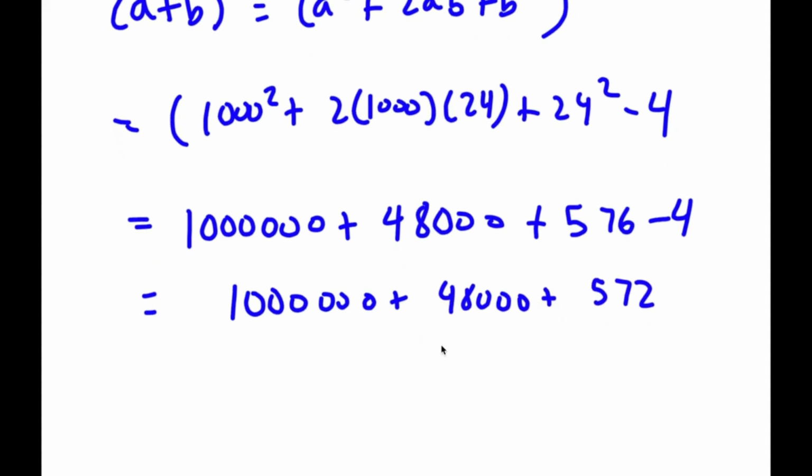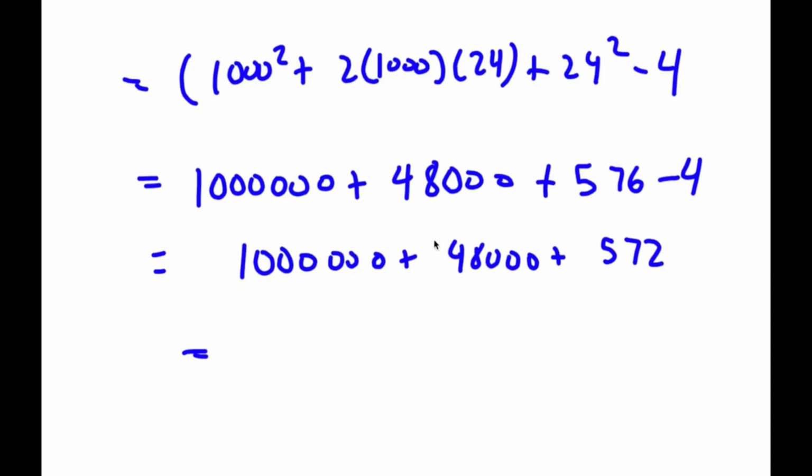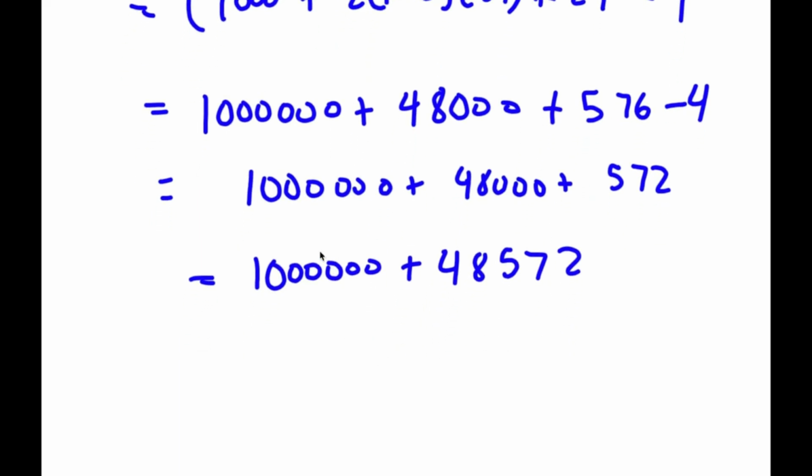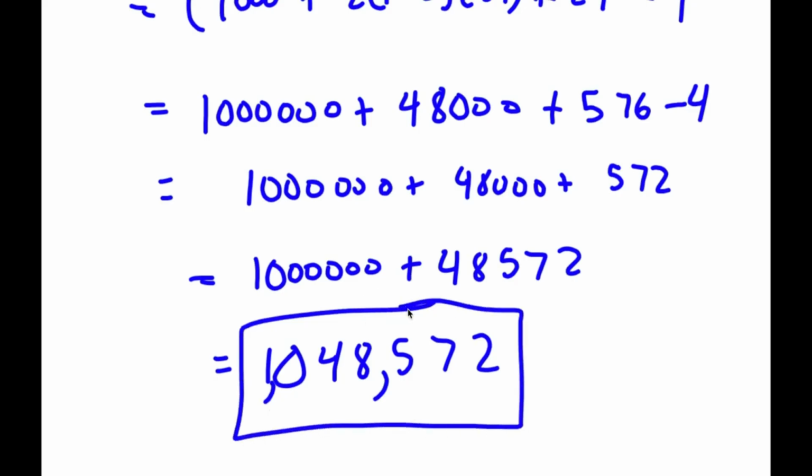Now 48,000 plus 572, that's equal to 48,572. So now I have 1 million plus 48,572. And finally, 1 million plus 48,572, that's just going to be 1,048,572. So this is my answer.